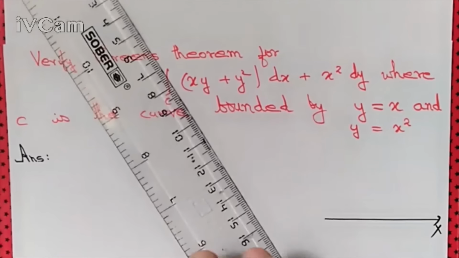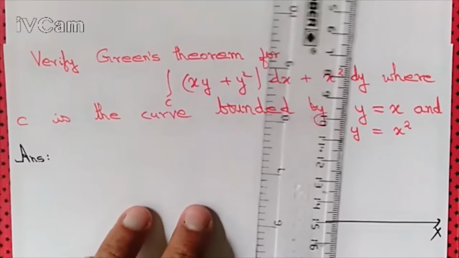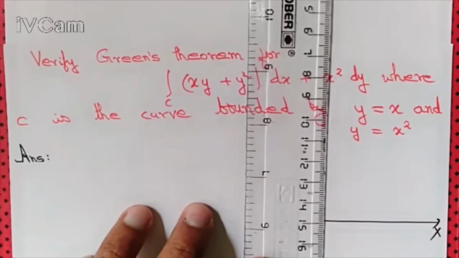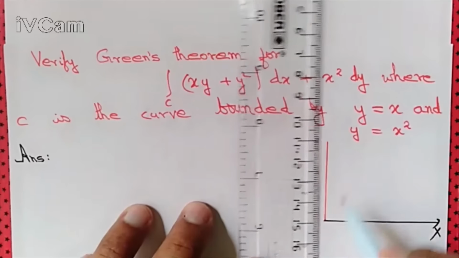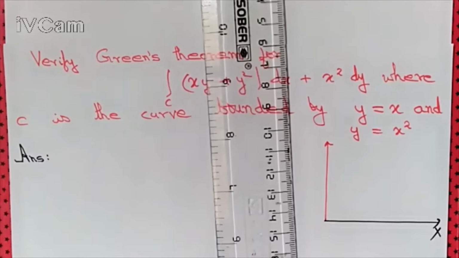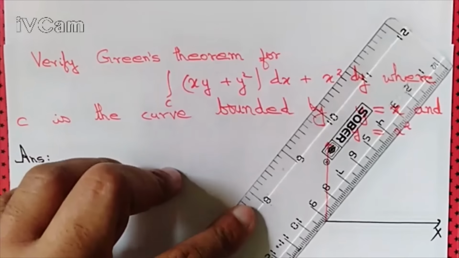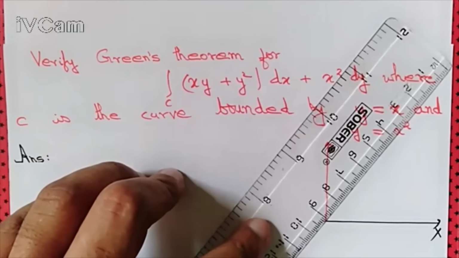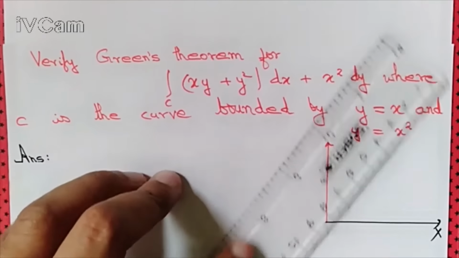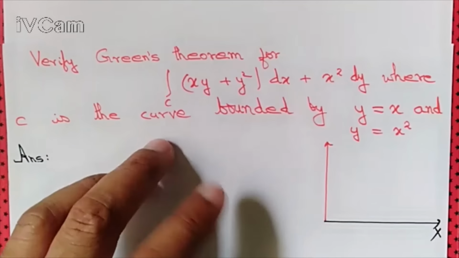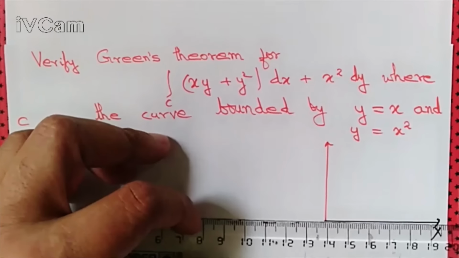We draw the x-axis and then the y-axis. We don't need negative values of x and y, so we need not take them. y equal to x is a straight line, inclined at an angle of 45 degrees with respect to the x-axis, in the anti-clockwise direction.